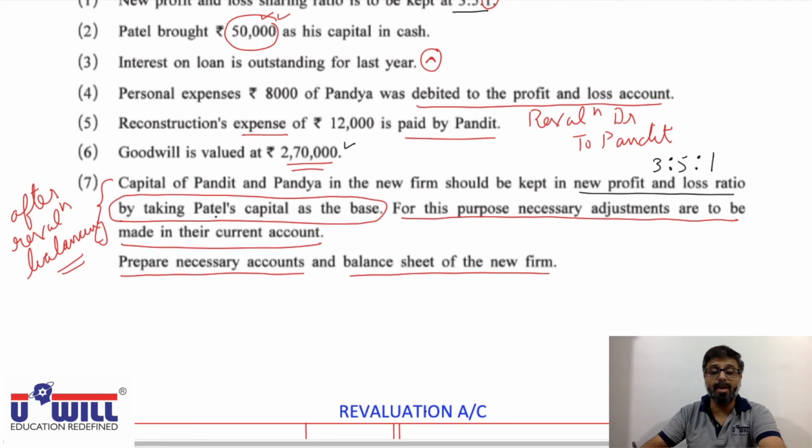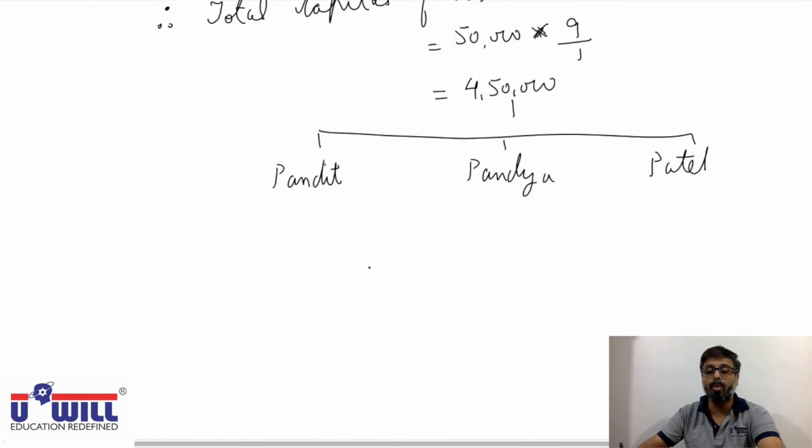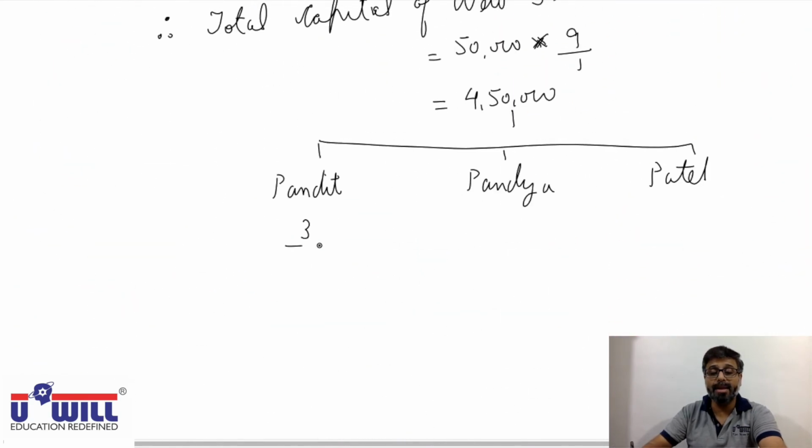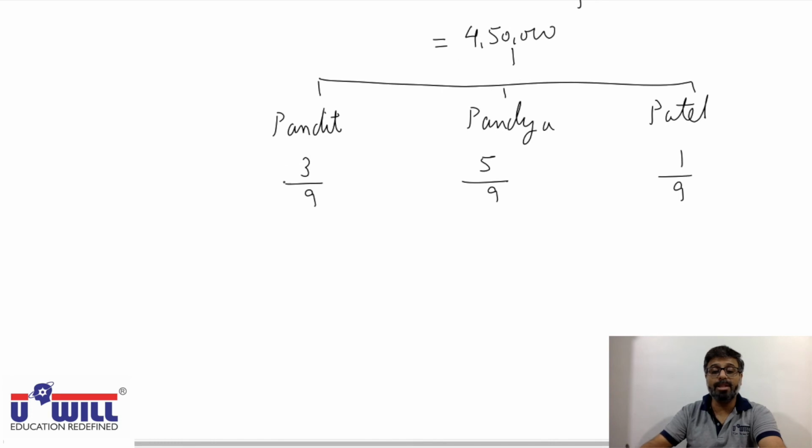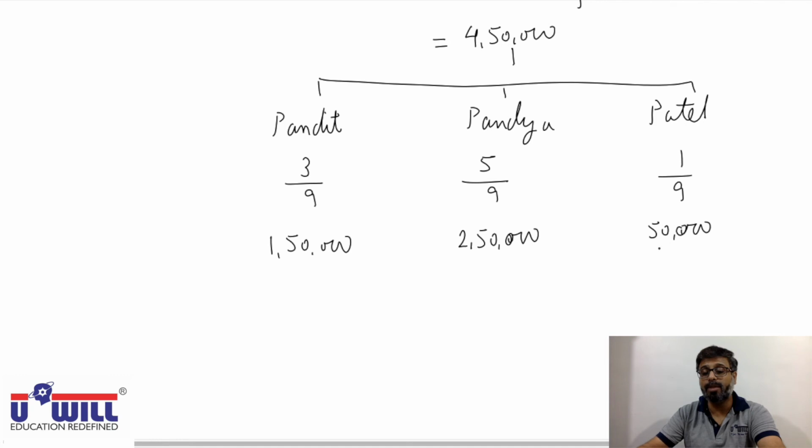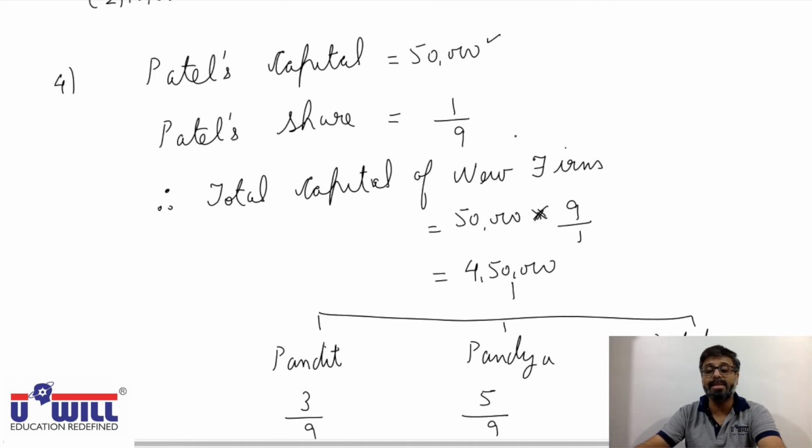So 3 by 9, 5 by 9, 1 by 9. 4,50,000 into 3 by 9, so 1,50,000. 4,50,000 into 5 by 9, 2,50,000. And 4,50,000 into 1 by 9, of course Patel is 50,000. We already know his capital is only taken as the base.